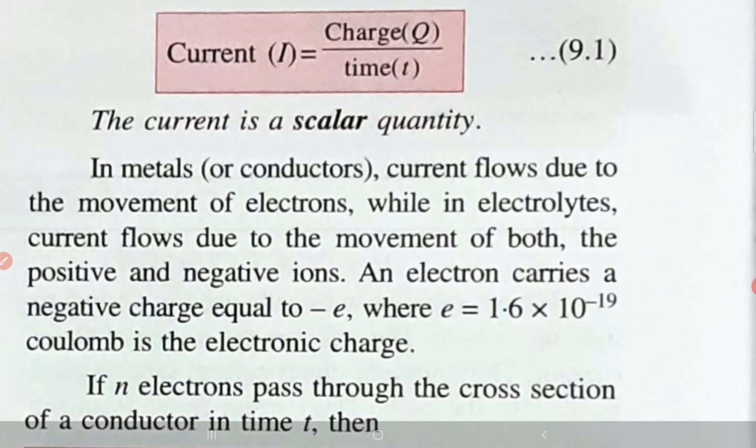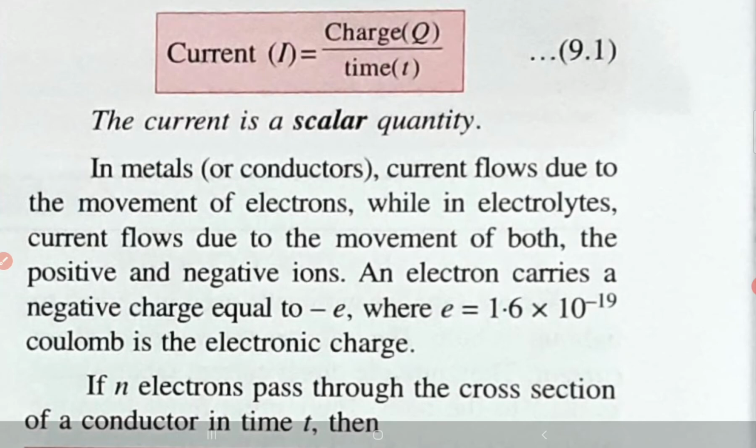It is a scalar quantity because it is the charge, that is the number of electrons, which is a scalar quantity, coming across a cross sectional area, which is again a scalar quantity, in a given time, that is also a scalar quantity. So the current becomes a scalar quantity because it is the rate of flow, how fast the charges are flowing through a cross sectional area.